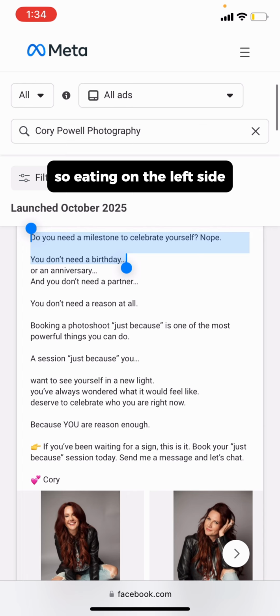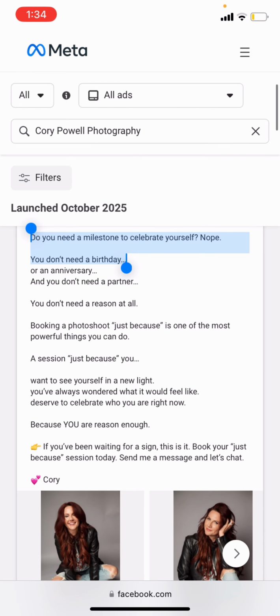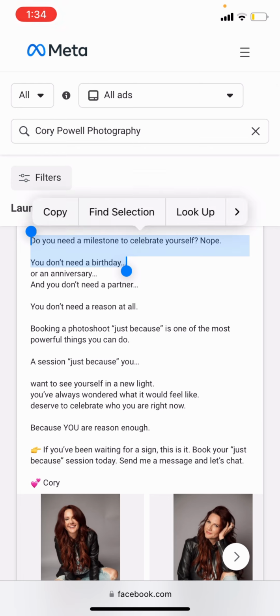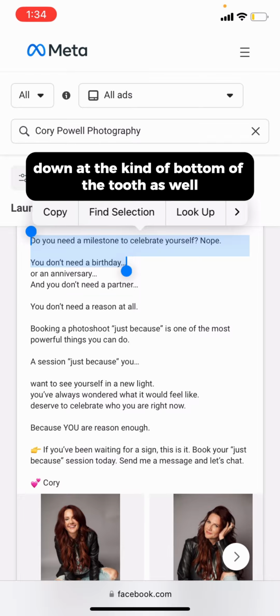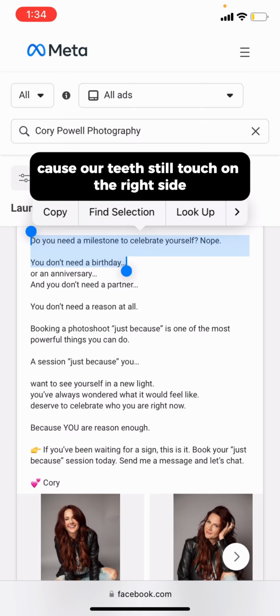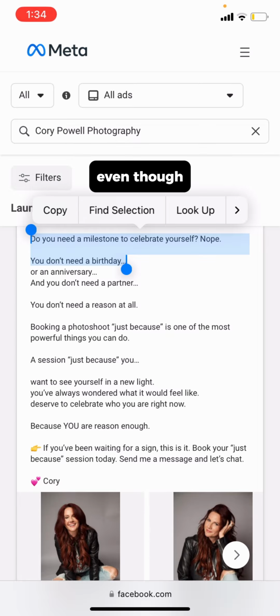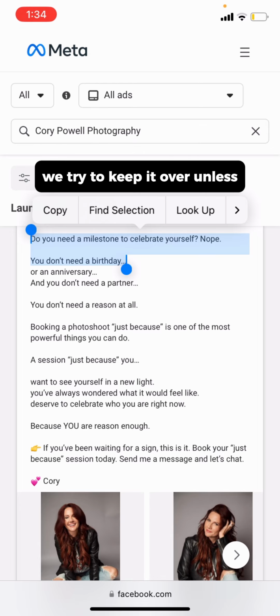So we're eating on the left side, but we still got some pain on the right side, basically on our tooth, down at the bottom of the tooth as well, in our jaw when we're chewing, because our teeth still touch on the right side even when we're chewing on the left. And then some food still goes over on the right side, even though we try to keep it over on the left, muscle memory.